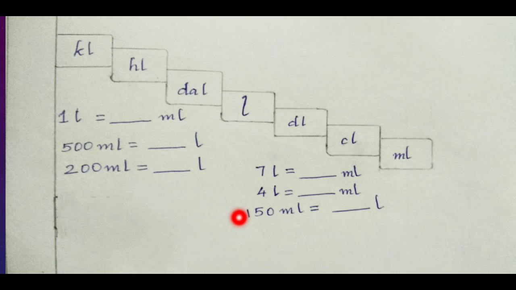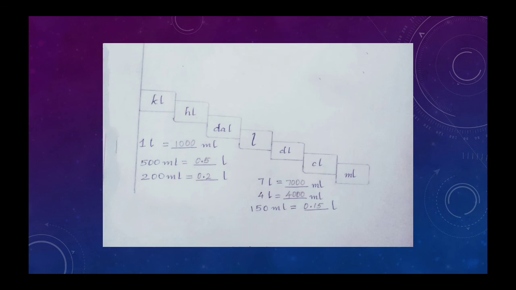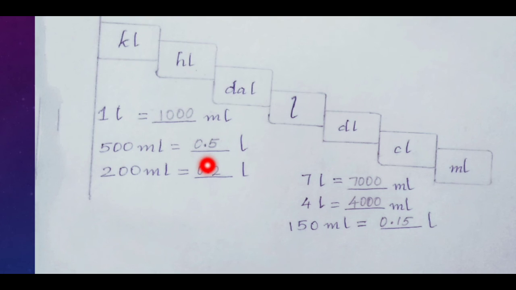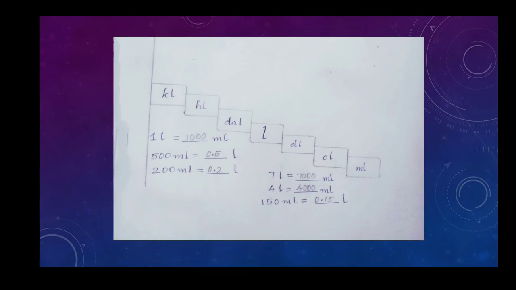After moving the decimal point 3 places, we get 0.150 liter. See here, 1 liter is 1000 ml, 500 ml is 0.5 liter, 200 ml is 0.2 liter, 7 liter is 7000 milliliter, 4 liter 4000 milliliter, 150 ml is 0.15 liter.